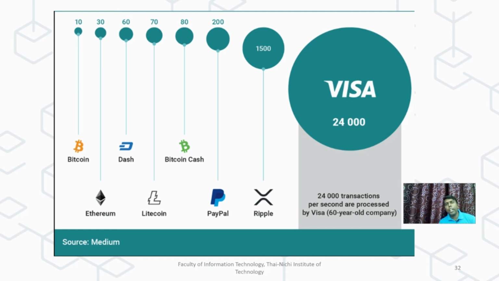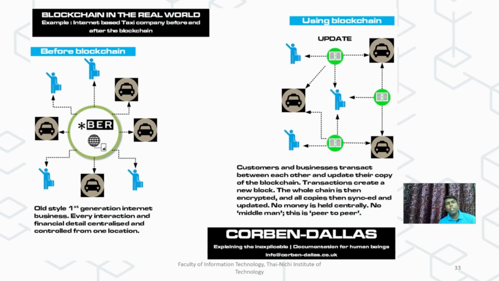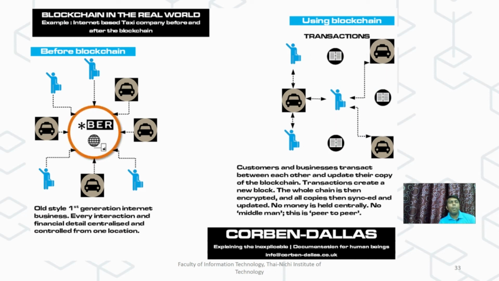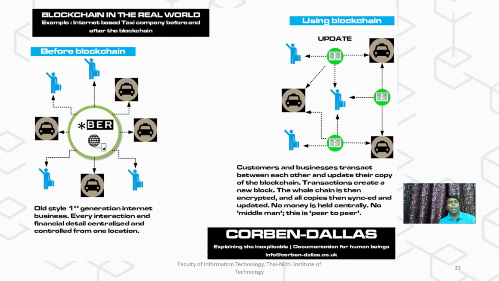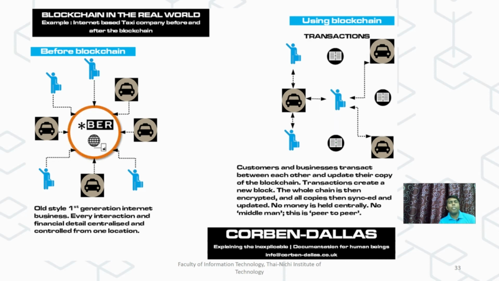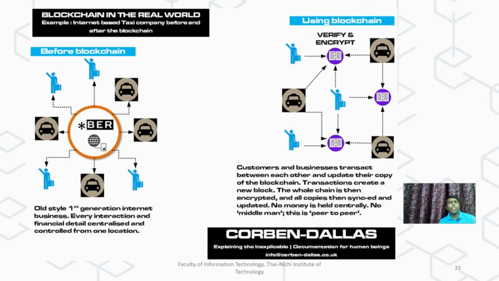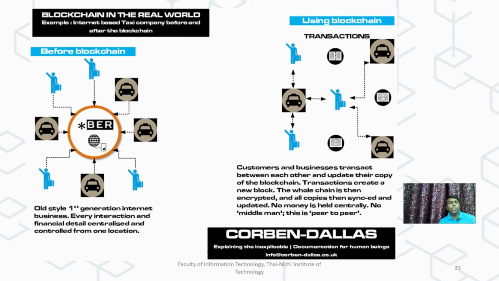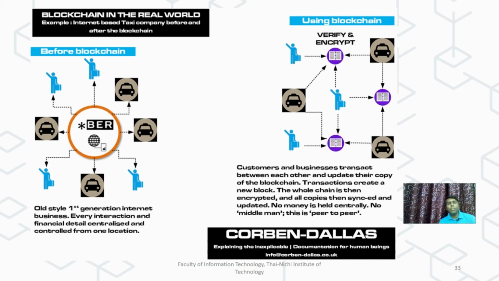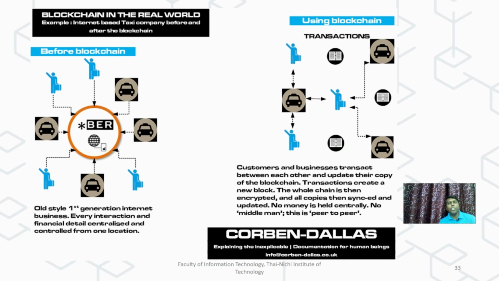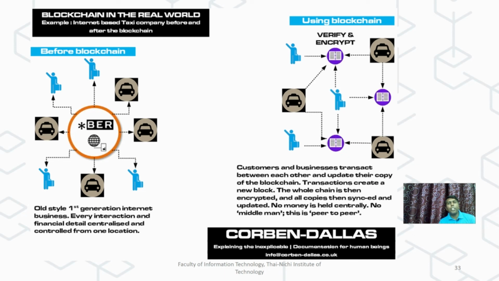So next we have the real world situation. We can actually create a blockchain for Uber, like a car booking system. It will be decentralized, so the drivers or the passengers don't need to rely on the centralized system which will allocate the cars or the drivers for them to travel, or the drivers getting orders from their customers.